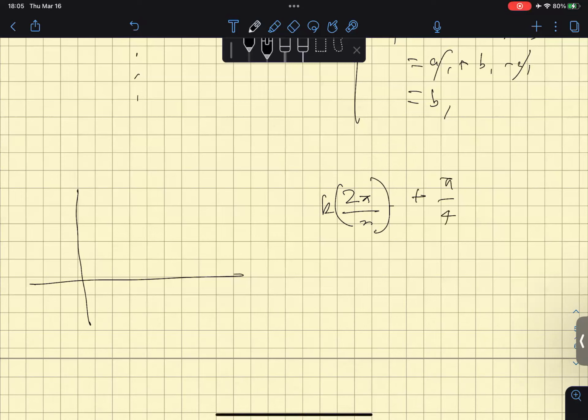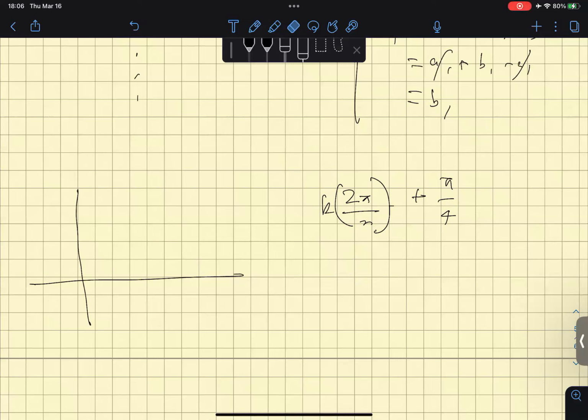No, just the other angle. One is k times 2 pi over n plus pi over 4. Let me have a look.